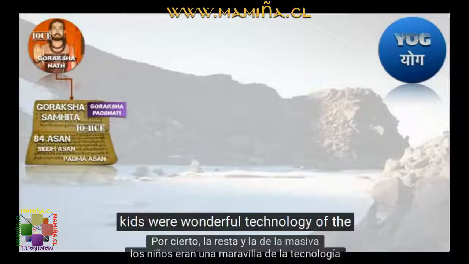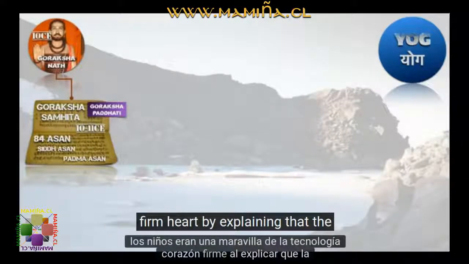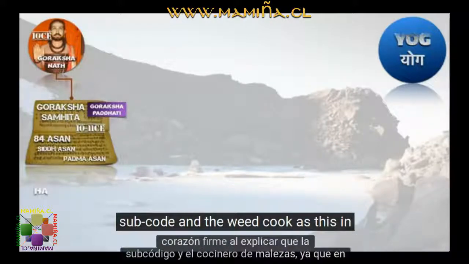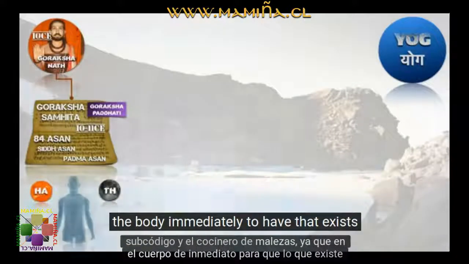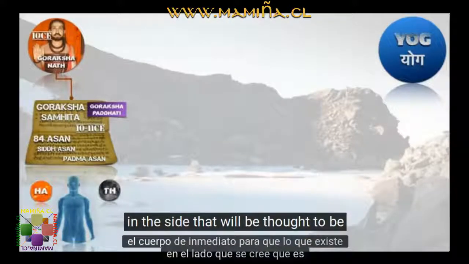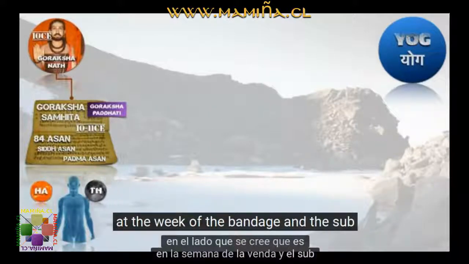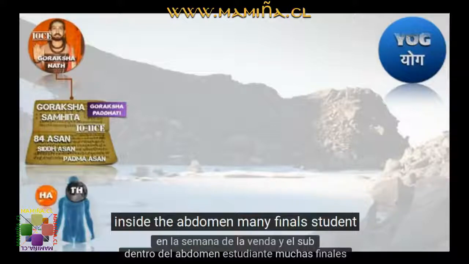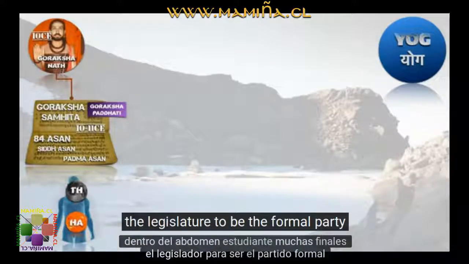It gives a wonderful etymology of the term Hat by explaining that the sun, Ha, and the moon, Tha, exist in the body similarly to how they exist in the sky. The moon is thought to be at the root of the palate and the sun inside the abdomen. Many scholars consider the Goraksha Samhita to be the first book on Hatha Yoga.